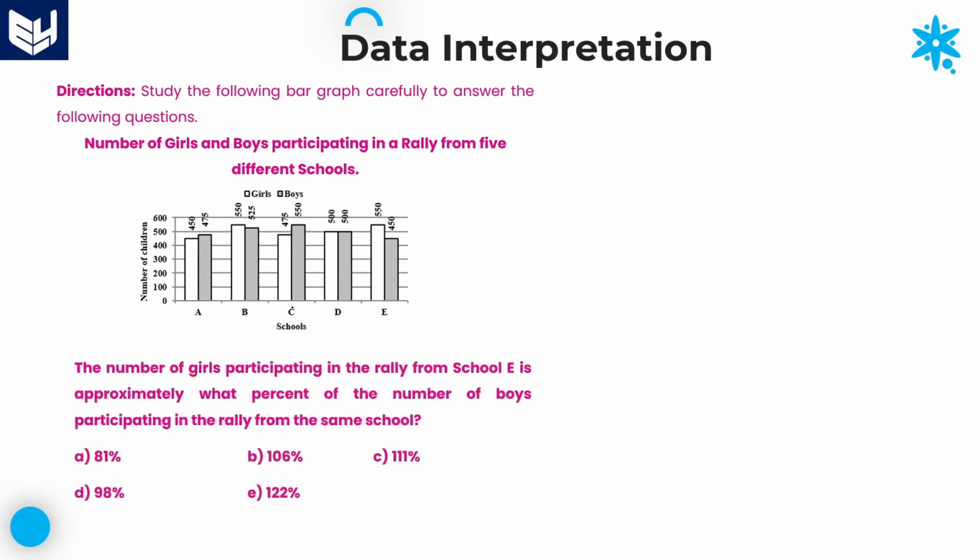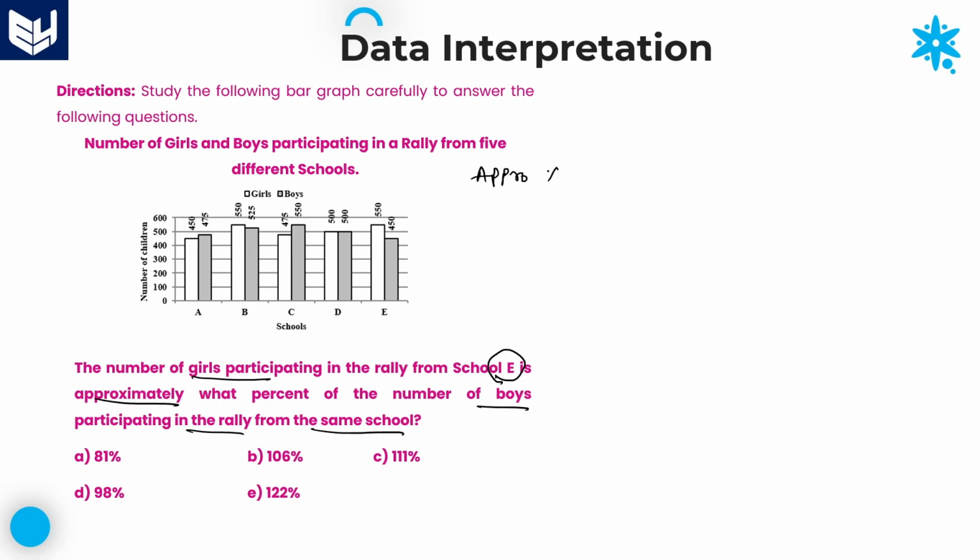Let us look at the third question. The number of girls participating in the rally from school E is approximately what percent of the number of boys participating in the rally from the same school? Here we need to calculate the approximate percentage.